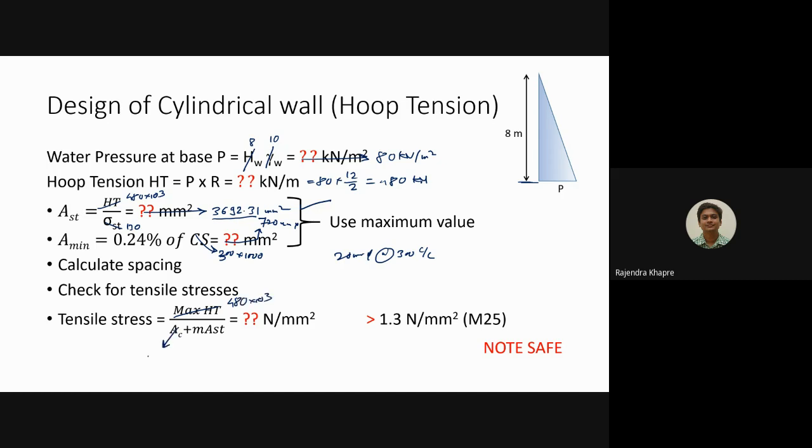Now the area of the concrete is basically 300 into 1000. m is I think 10.98 if I'm not wrong. And this is pi by 4 into 20 square. This is the area of the bar, and this is kept at 300 center to center. Okay, so can somebody give me what will be the tensile stress in the concrete due to this pressure?